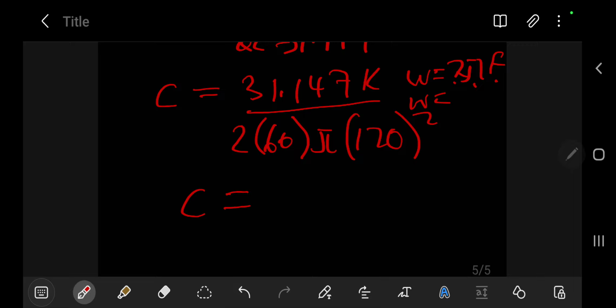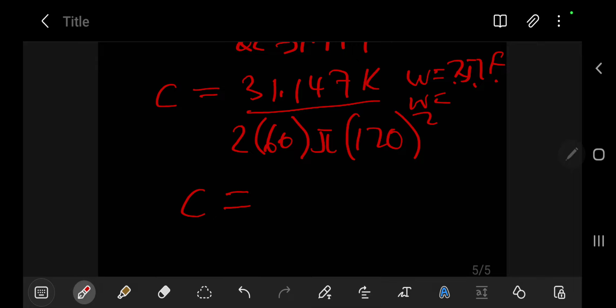So you say 120 squared times pi times 60, then times 2, then you just divide 31.147 by this.